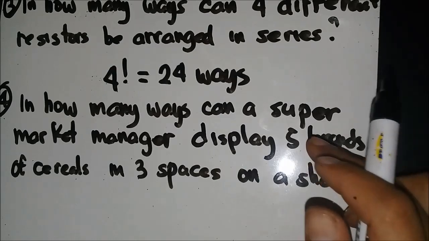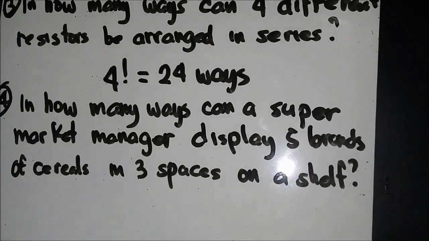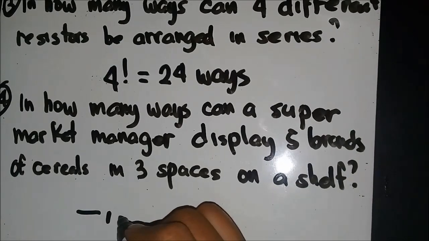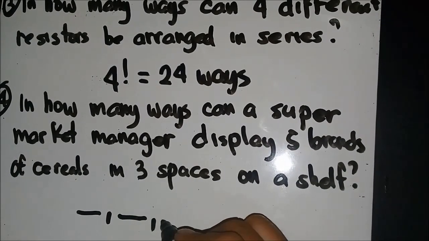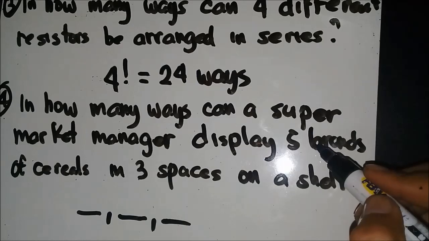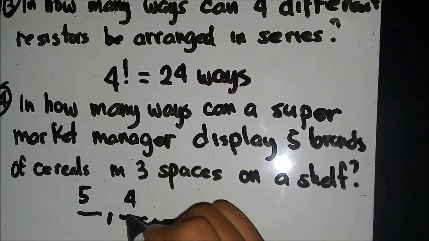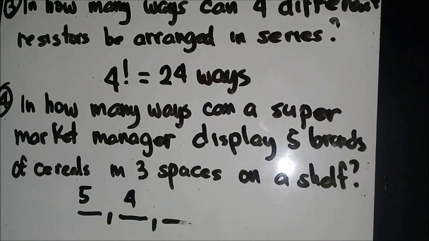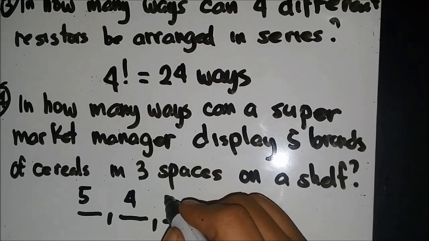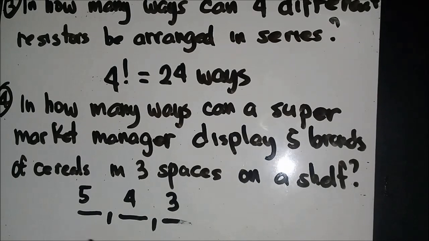Let us try to do this in the slot method. We have 5 brands to choose from, that is n number of things, taken r at a time. We have 3 slots where they can be arranged. In the first slot, we have 5, the second slot we have 4, and the third slot we have 3.